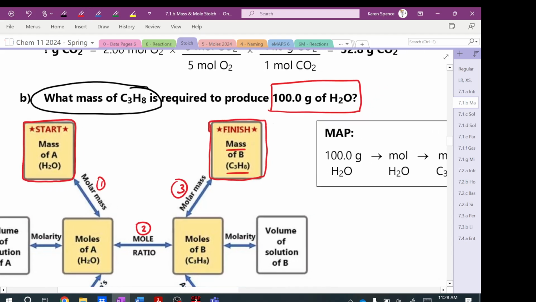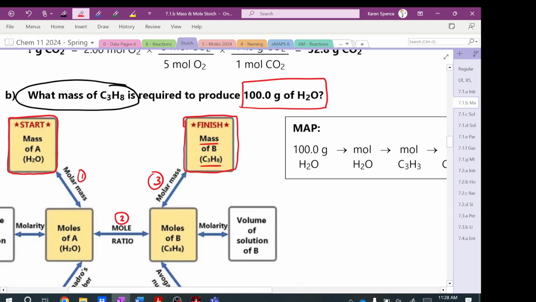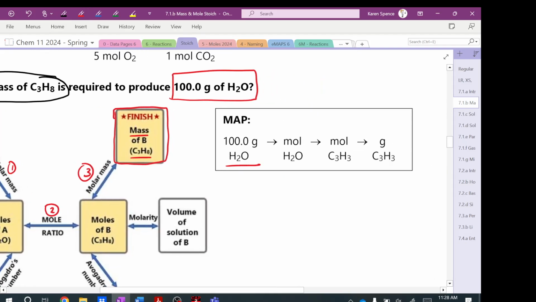Step number 1 is always convert to moles. And step number 2 is convert from moles of A to moles of B. And then step number 3, you figure out whatever you want. In this case, it's going to be mass.